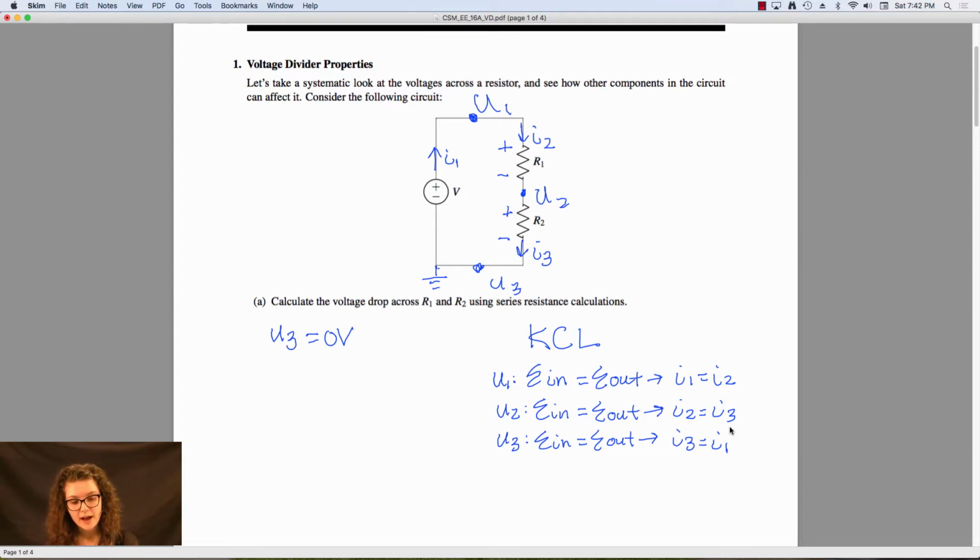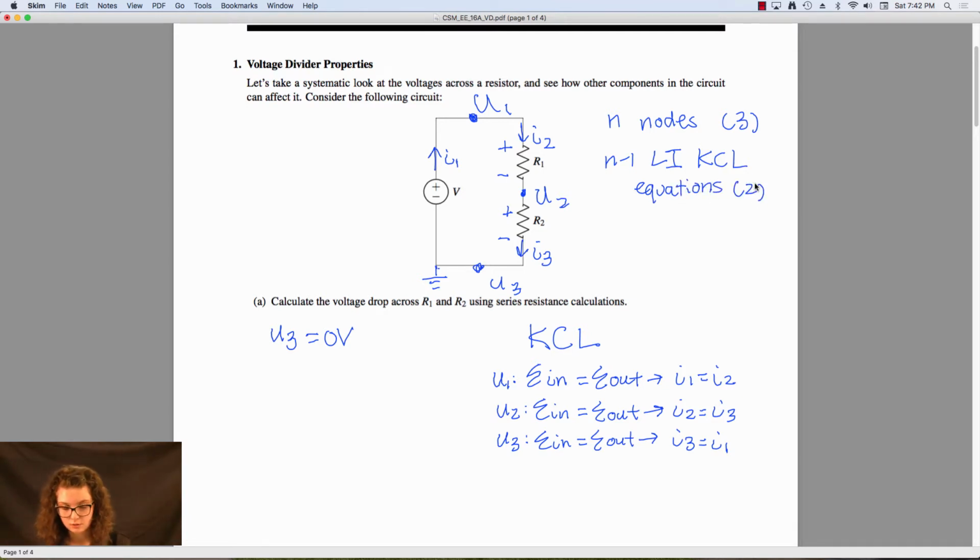So in general, if you have n nodes in your circuit, in this case we have 3, you're going to have n minus 1 linearly independent KCL equations. And so in this case, we will have 2. So because of this, we do not have to use U3. I just wrote it out to show that. So this is kind of a trash equation.